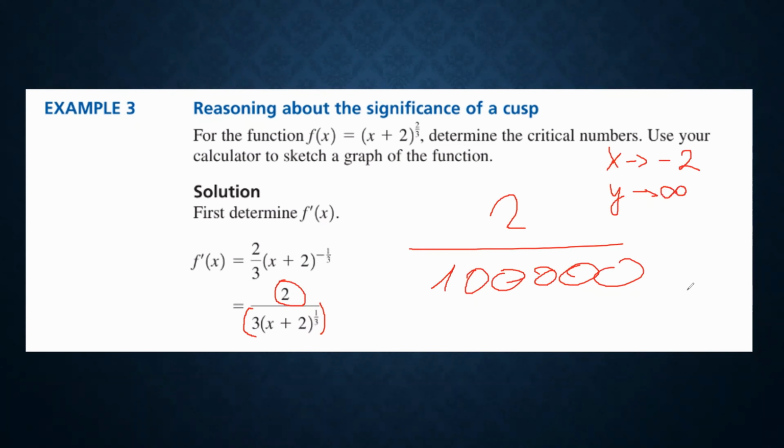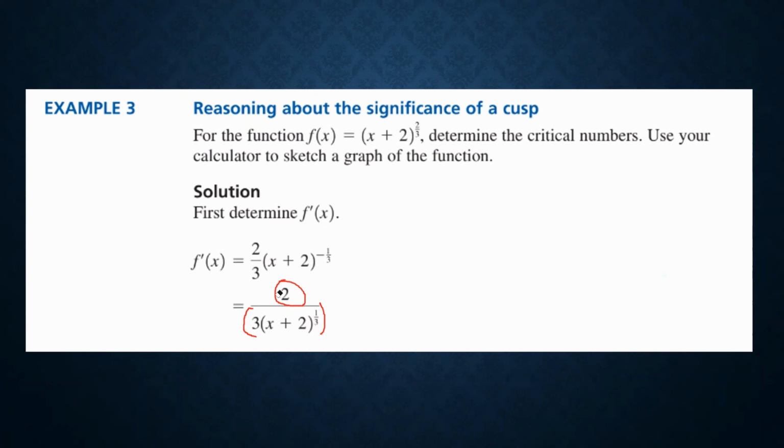So you see, before -2 and after -2, we certainly have some values. But at -2, we have 2/0, so it's going to be infinity. Right? Yeah. So let's move to the next step.